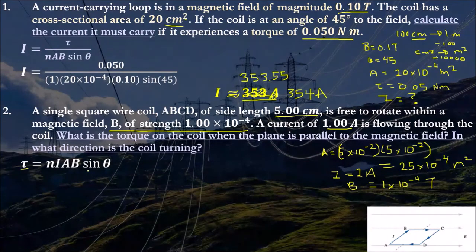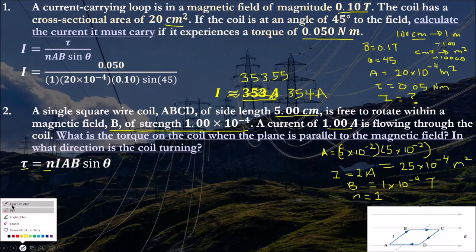And then what else do we have? Do we have N? It's not given in the question, is it? So if N's not given in the question, it's safe to assume we're just dealing with one wire. As you can see in the diagram here, which is our reference point, there is only one wire.